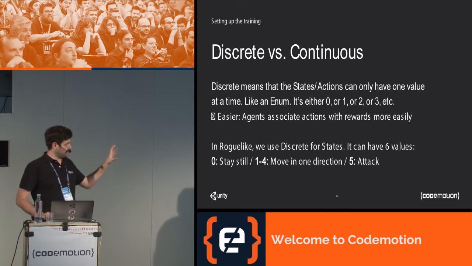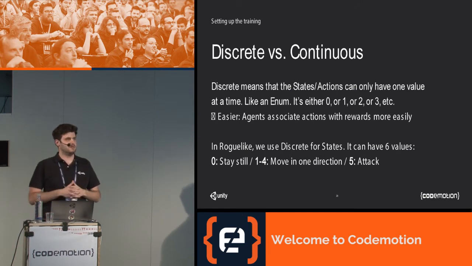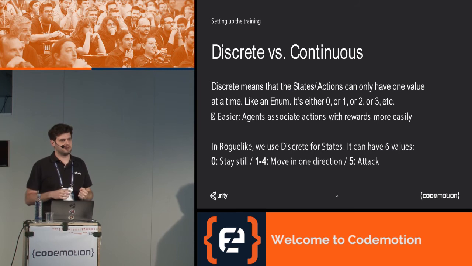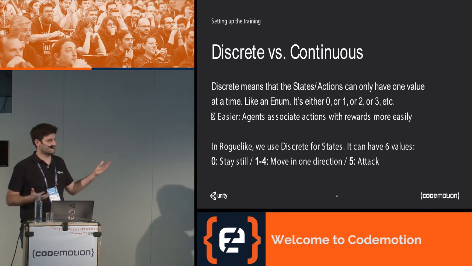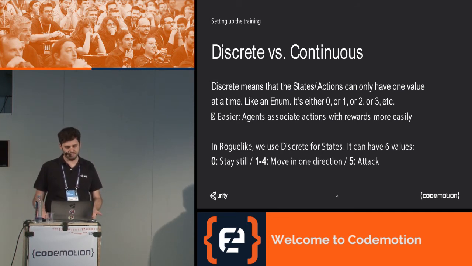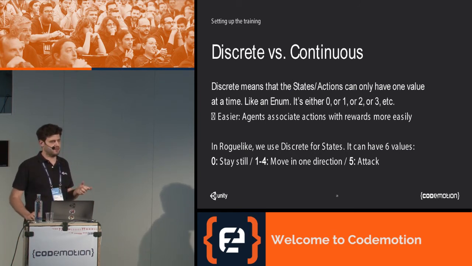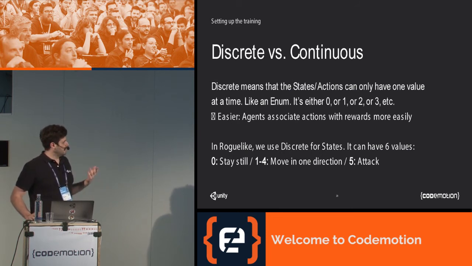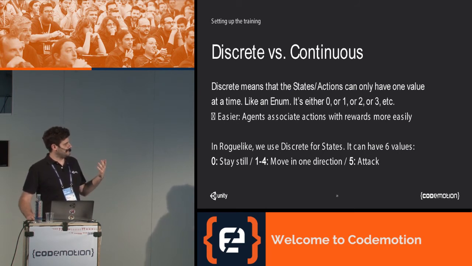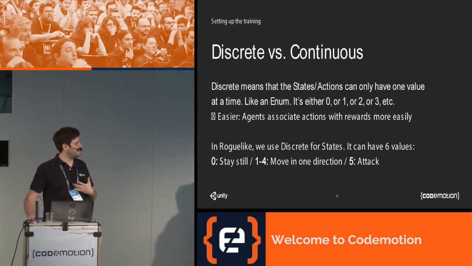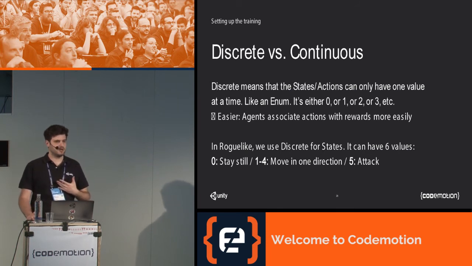And then there's this big topic. When you provide the actions and the states that the agent observes, you can use two spaces: discrete or continuous. And they make a huge difference. Discrete means that the states and the actions can only have one value at a time, like an enum. If you look at the actions in our game, initially we said, OK, you can move on the X, you can move on the Y, you can attack.